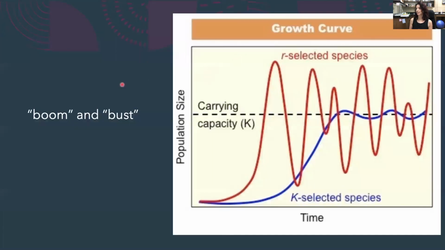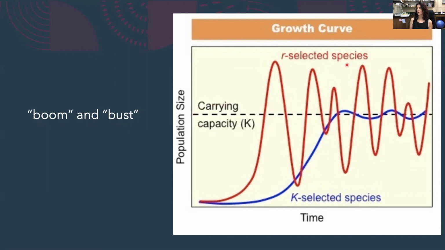What we see here is a boom and bust between the R and the K selected species of different types. So with the K selected species outlined in blue, we don't see a rapid boom and bust, but we do have this very delicate, subtle ebb and flow of the population size hovering around this carrying capacity.